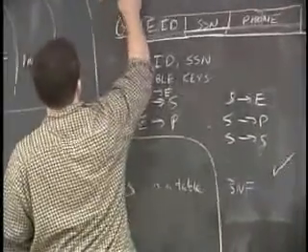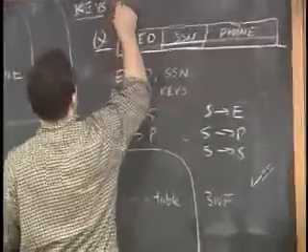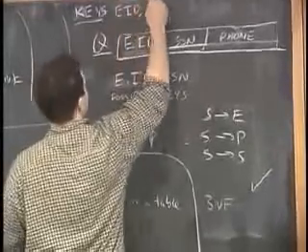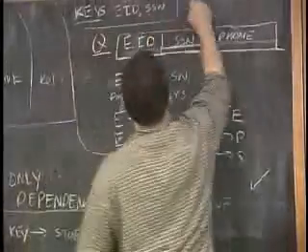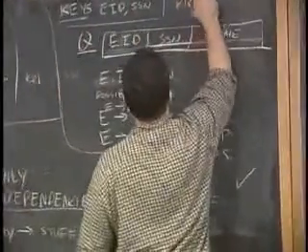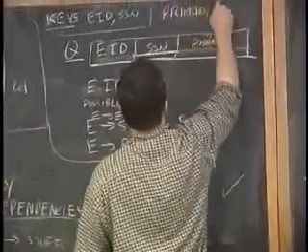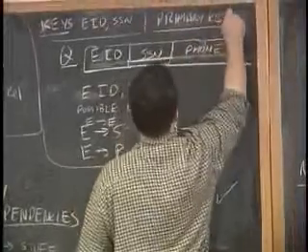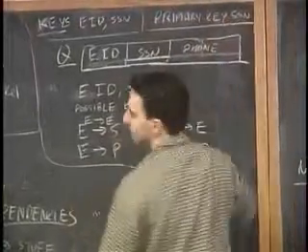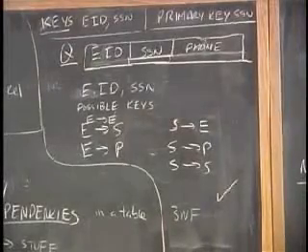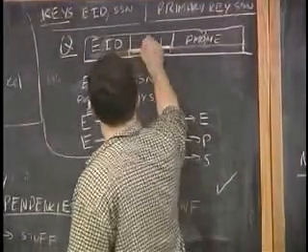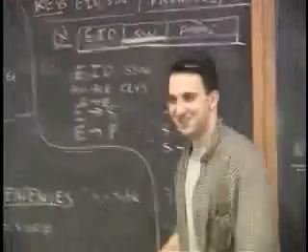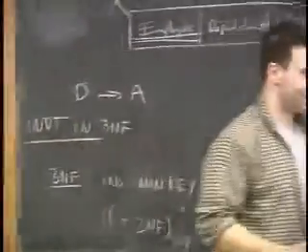So the keys here are candidates: EID and SSN. So the primary key is SSN. By choice? Yeah, I just wrote this underline here, I guess. I'm sorry, I should have said what I meant there.